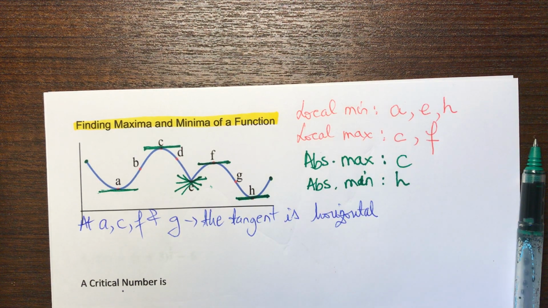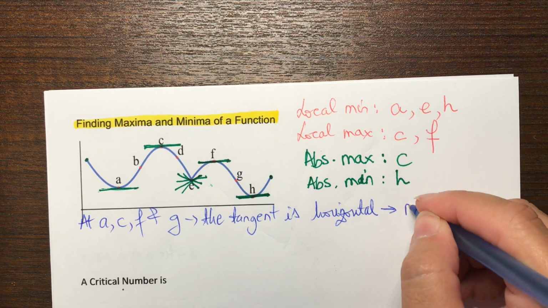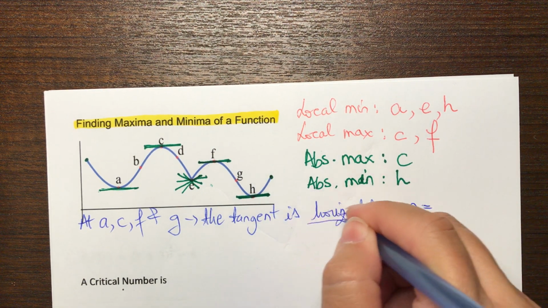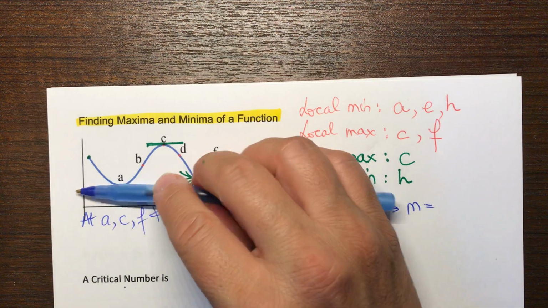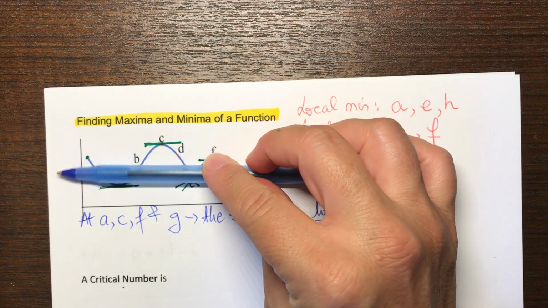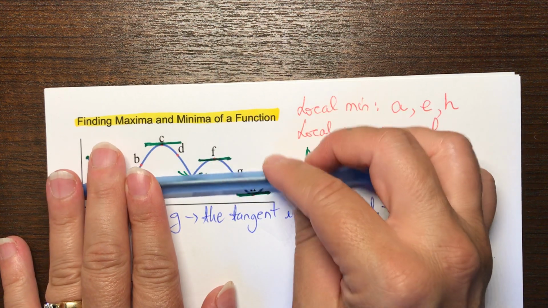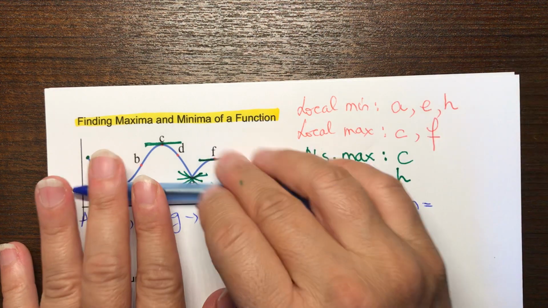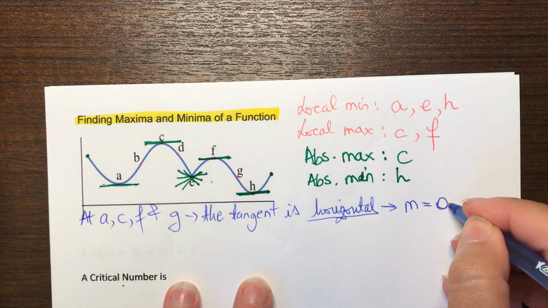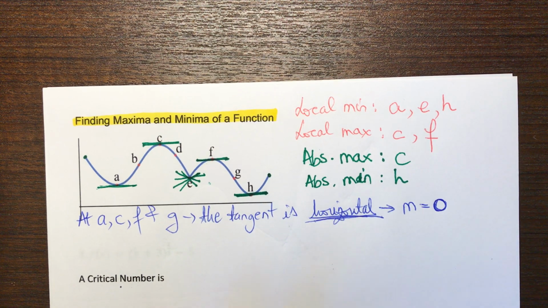Okay, before we move on even further, what is the slope of a horizontal line? Who remembers what's the slope of any horizontal line? Again, remember the slope is the change in y's with respect to change in x's. If a line is horizontal, what's the change in y's? There's no change in y's, right? All the y's are the same. So you very well hopefully remember that any horizontal line has a zero slope.